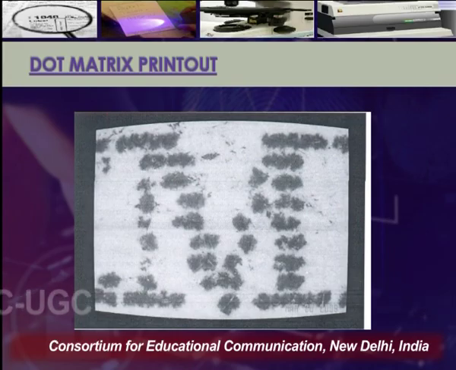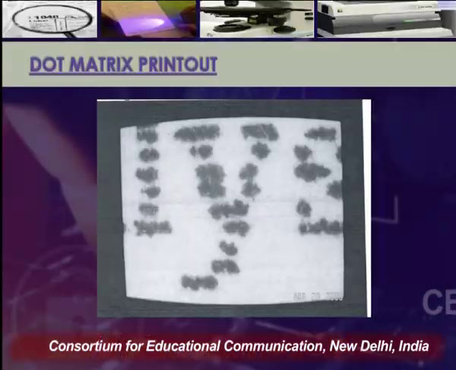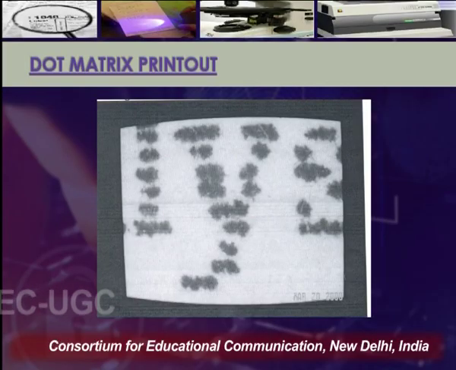This is an image of the letter Y, how it is printed out using a dot matrix printer. These printouts have dots, and being impact printers, their impact is shown on the paper with the highest ink deposition.